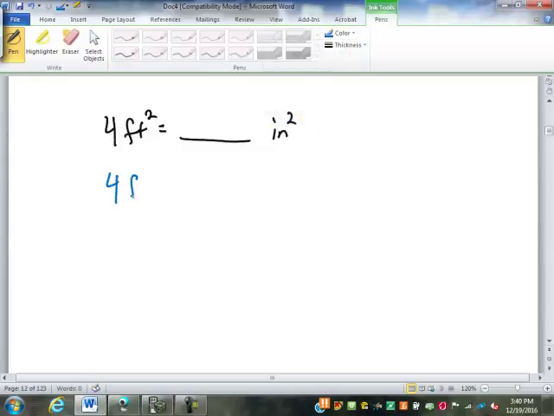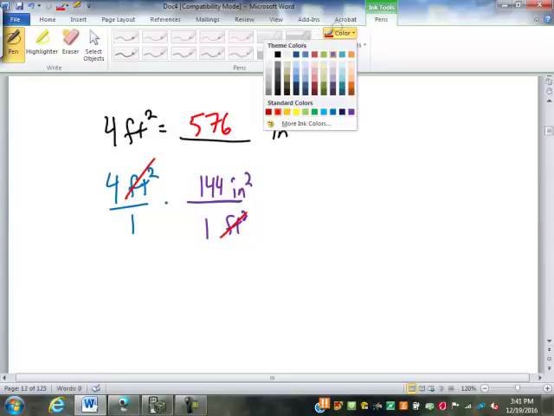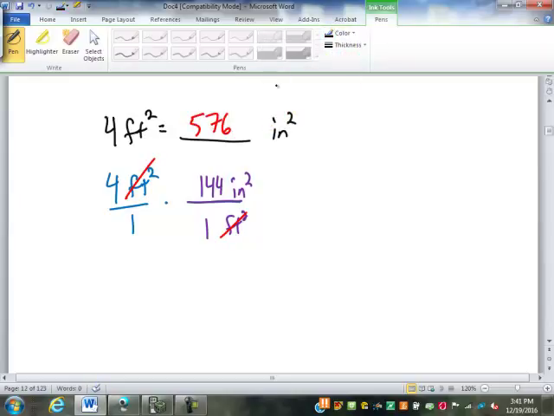Well, I took my 4 square feet, and my conversion factor was not 12, was it? 1 square foot contained how many square inches? 12 times 12, right? 12 squared, or 144. Because it's square inches and square feet, we had to square the conversion factor. So that cancels out. We've got 4 times 144, which is 576 inches squared. Look familiar?